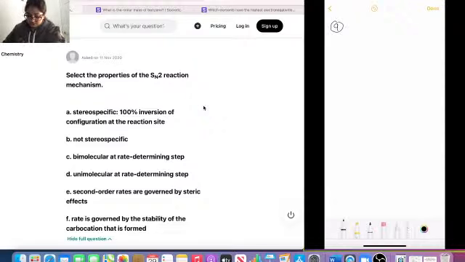So the question asks: what are the properties of an SN2 reaction?